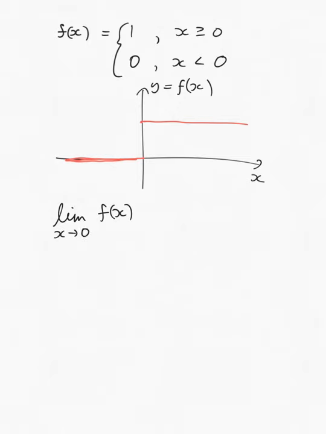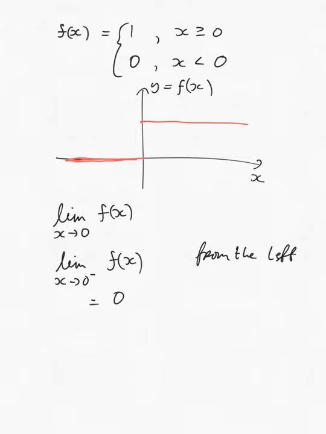And the answer is, it depends on which side you approach it from. So if I approach 0 from the left, I'm going to call that 0 minus. So this is from the left. That is going to be equal to 0, because I can make f of x be as close to 0 as I like on the left there.